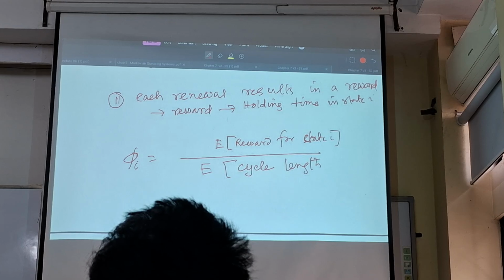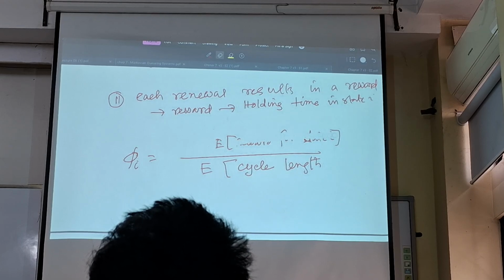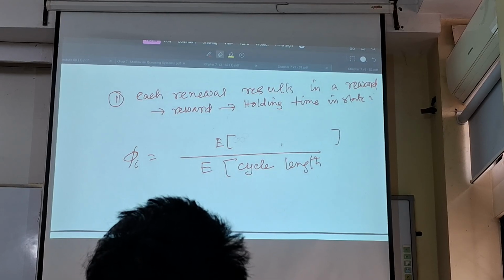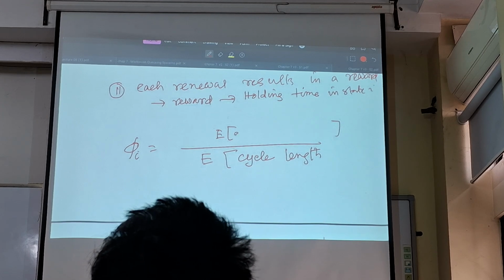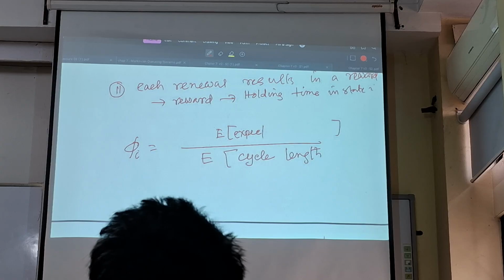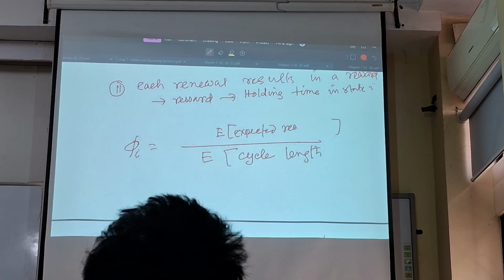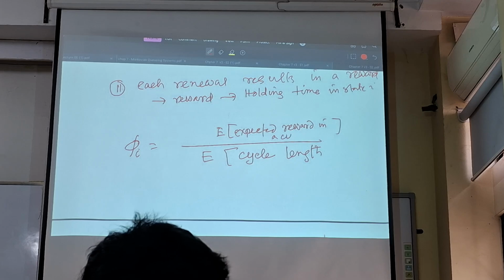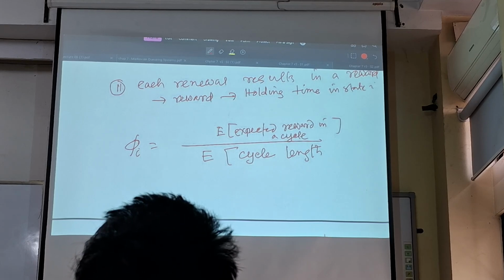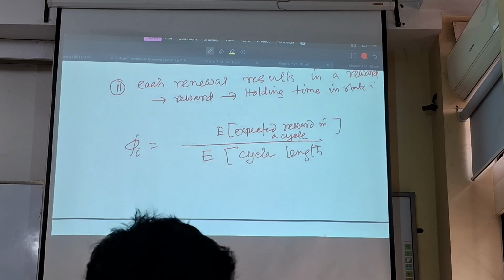So here I should write it in a better way. Expected reward in a cycle, divided by the expected cycle length.